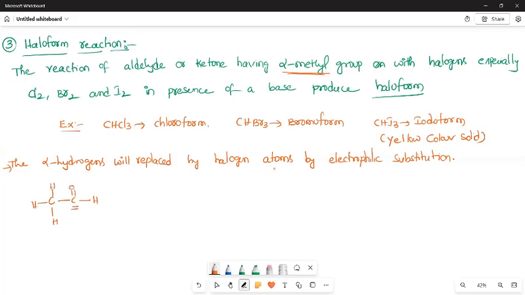The hydrogens on the carbon next to the carbonyl group are alpha hydrogens. This on reaction with 3 moles of I2 in presence of NaOH, we will get sodium formate, HC double bond O minus Na plus, plus CHI3, iodoform, plus 3NaI, plus few water molecules. Here we take 3NaOH. This is the clear-cut equation.